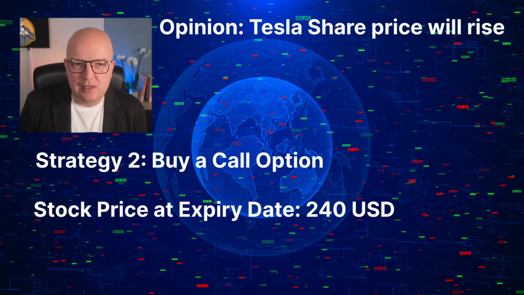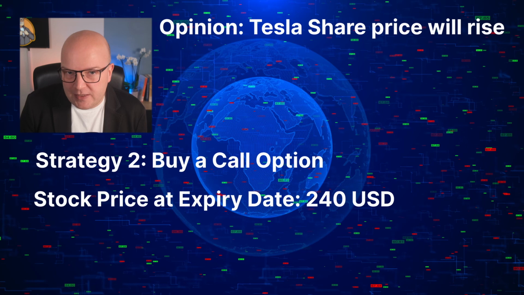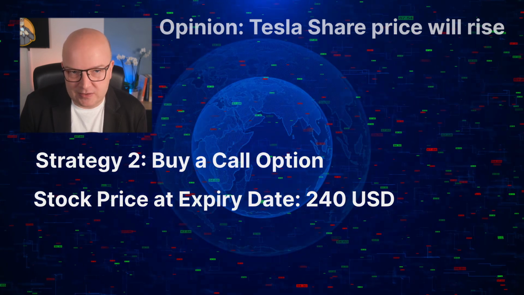If the Tesla stock price then is at $240 a month down the road, the option of course would be very valuable, because we would have the right to buy 100 shares of Tesla for $220 per piece, while the current market price is at $240.